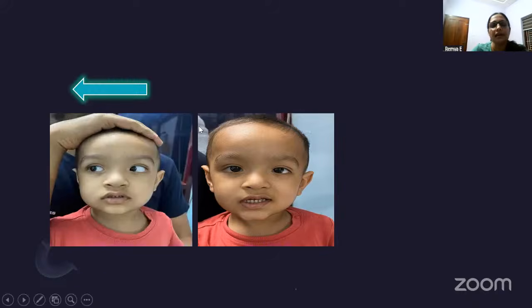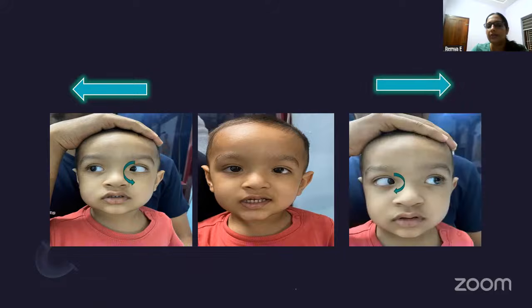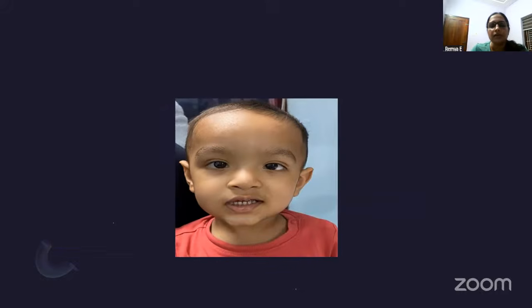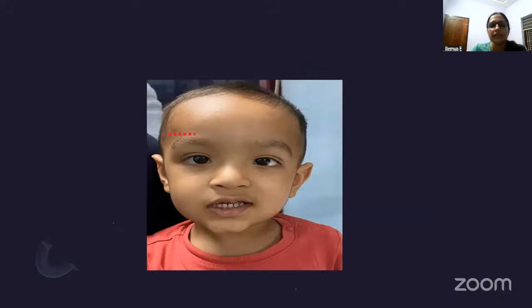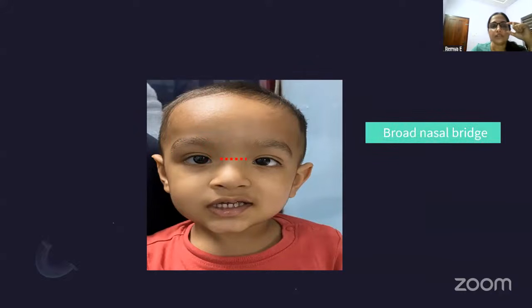When the child looks towards the right side, this cornea is seen fully, but this cornea is partially hidden inside this fold. Similarly on left gaze. So actually these are epicanthal folds, and you can see there is a broad nasal bridge. This is a case of pseudo-esotropia.